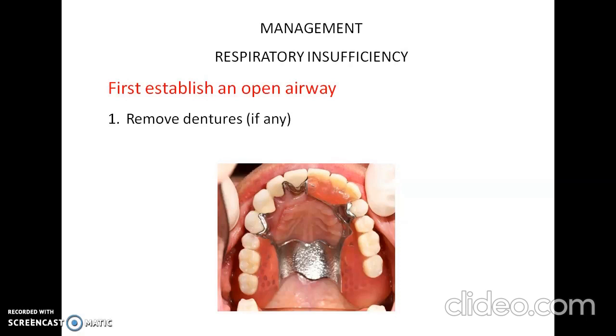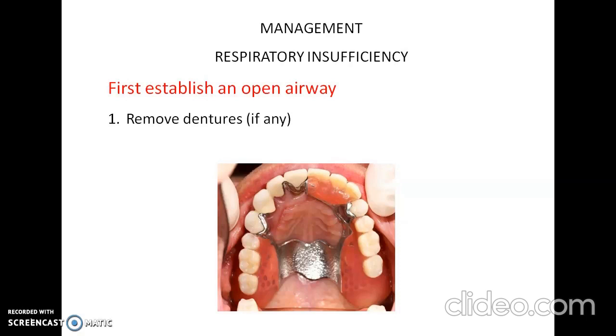Out of these, we were discussing stabilization. Stabilization involves assessment and correction of life-threatening events. This assessment includes ABCD: airway, breathing, circulatory failure or any CNS depression observed. That should be managed.